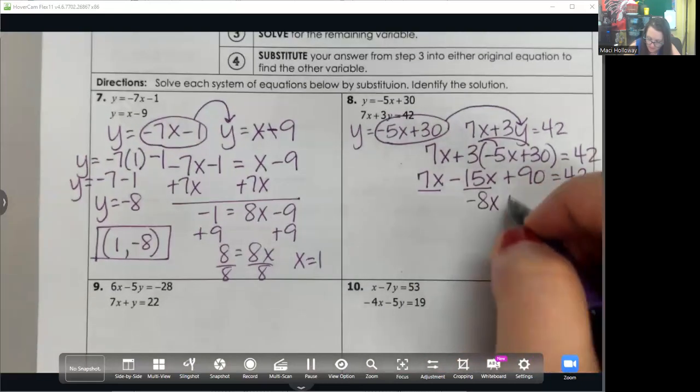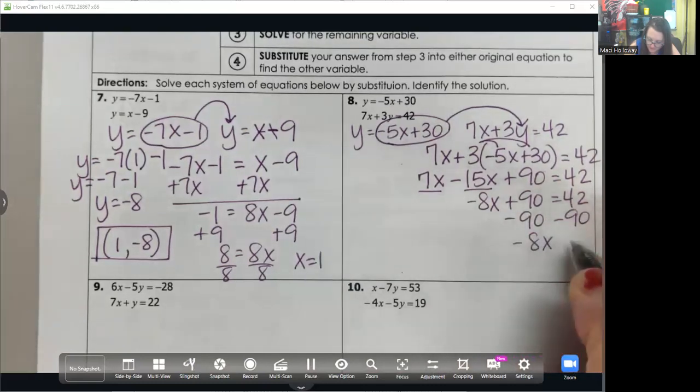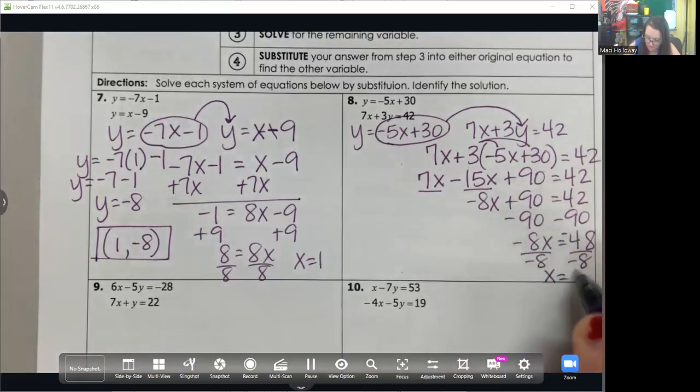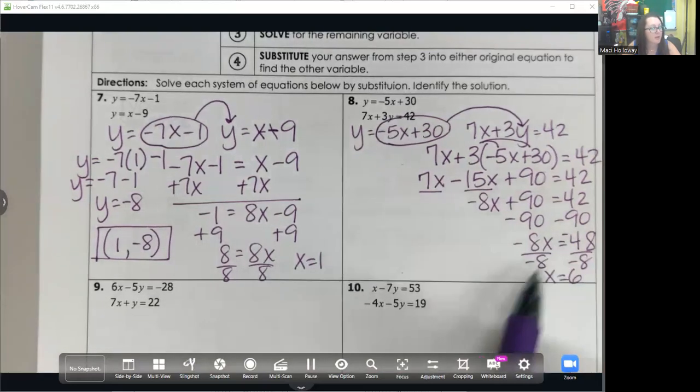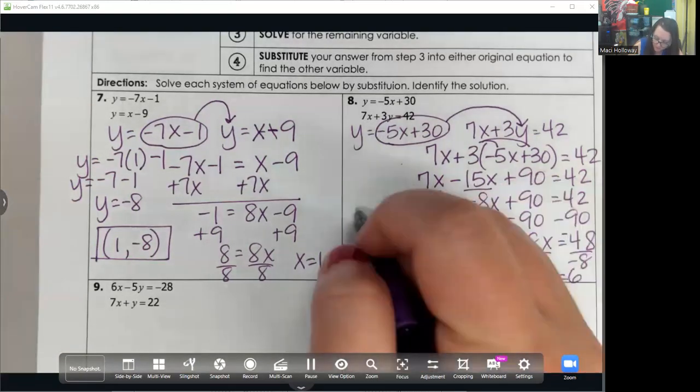Negative 8x plus 90 equals 42. Subtract our constant. Negative 8x equals negative 48. Divide by negative 8, and x equals 6. That's great. So now that we have our x value, we're going to go back to the original equation and plug it back in.